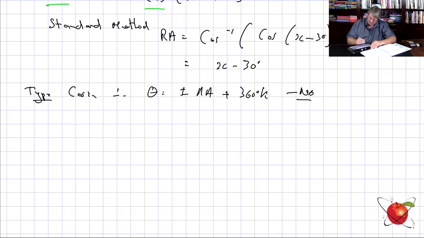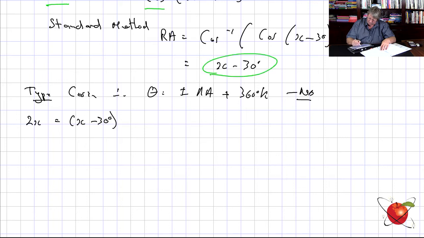Therefore, I can say that theta, but theta in this case is 2x again. 2x is going to be equal to the RA, x minus 30 degrees. Can you see what I did? RA contains the x. The one is inside the other. So I can follow the recipe, but I just wanted you to see there's an x inside it, which doesn't matter.